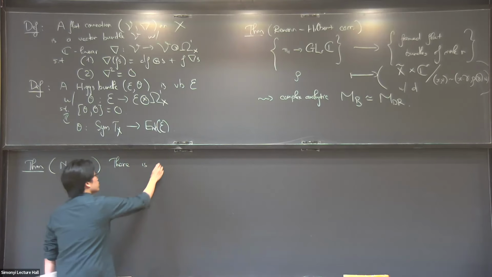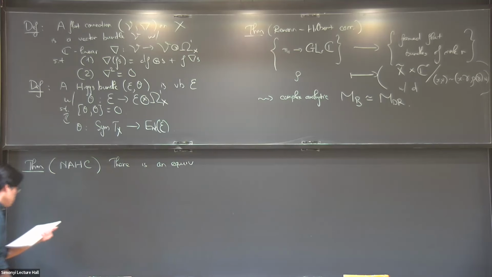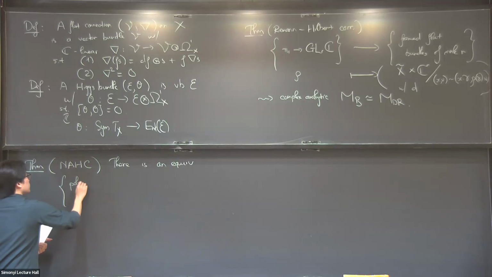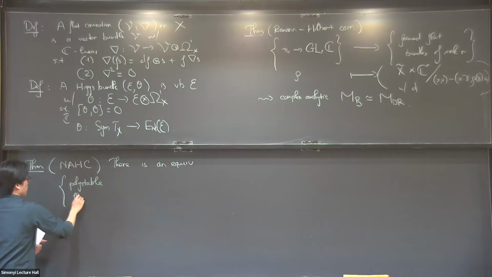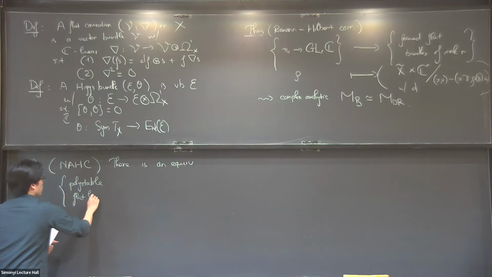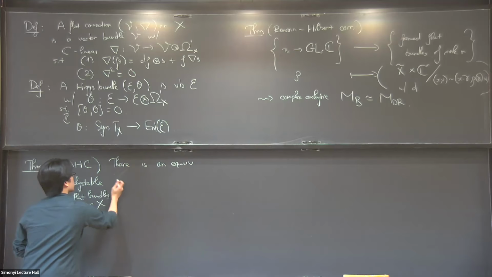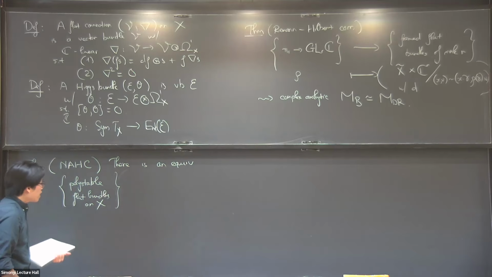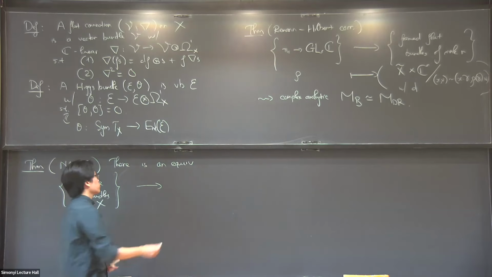There is an equivalence of categories between polystable flat bundles on X and polystable degree 0 Higgs bundles.